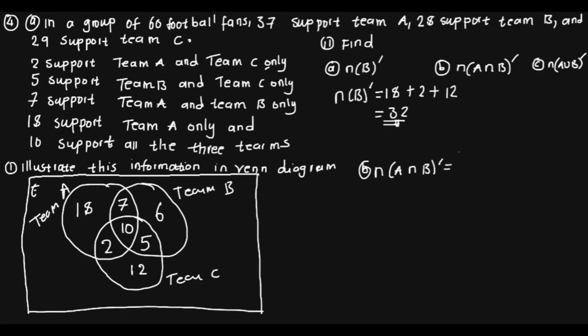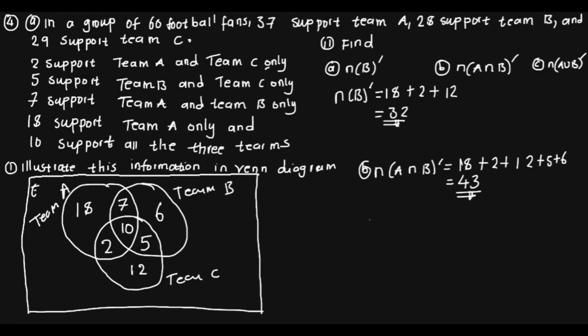So just consider 18 plus 2 plus 12 plus 5 plus 6. 18 plus 2, 20 plus 12, 32 plus 5, 37 plus 6, 43.